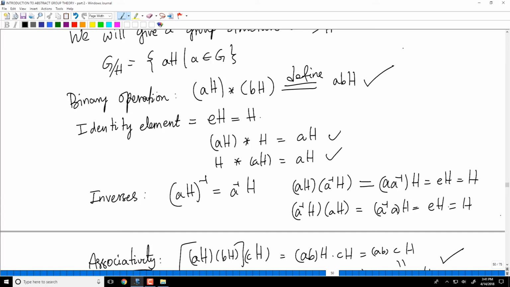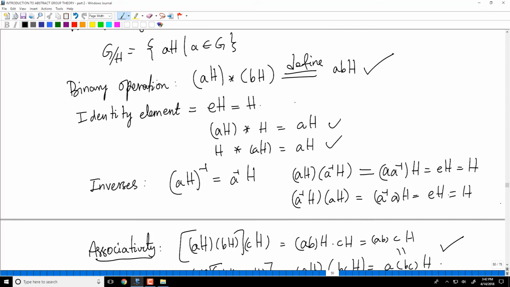As I said, if you just declare it like this, many of the properties you cannot check, because the product aH star bH would no longer be abH if H is not normal. So if you just declare it without the normality hypothesis, this will not give you a group.